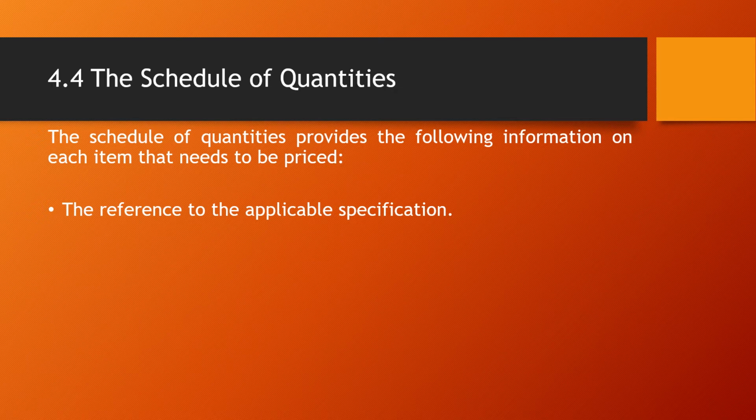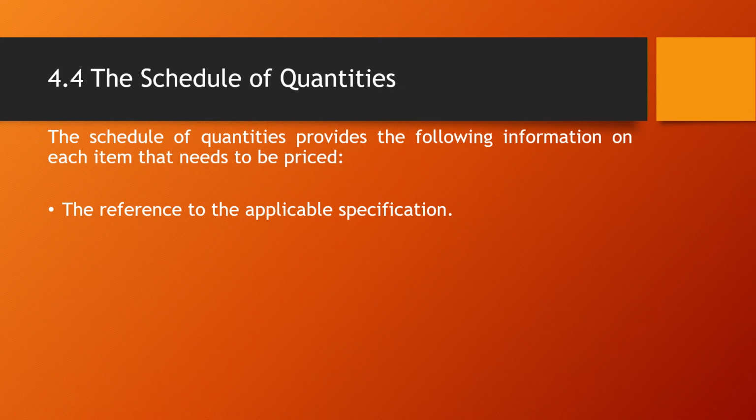As simple as this. On the specification, they describe each item, how it should be priced, and there's a code which will be allocated to each item under the specification. So now that code is taken to the bill of quantities.